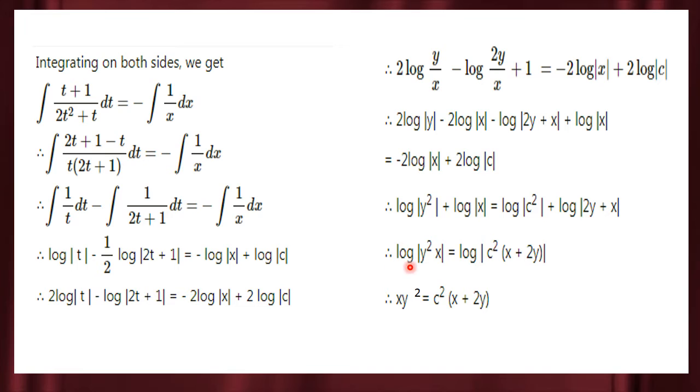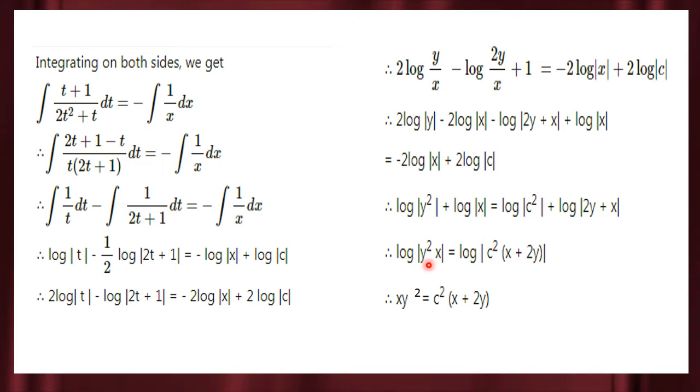Now log y square x is equal to log c square into x plus 2y. That is, we are just taking the negative terms to the RHS and the negative term in the RHS to the left hand side to make all the terms positive.